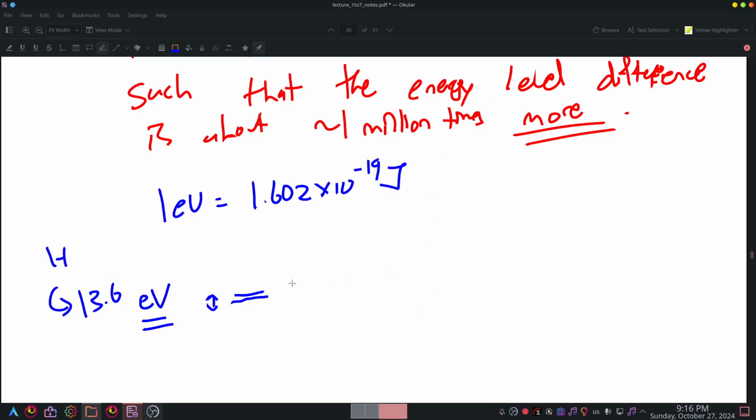When you talk about the nucleus, so these are electron transitions, they're about this much. Nuclear transitions, they're not just eV, they're like MeV.